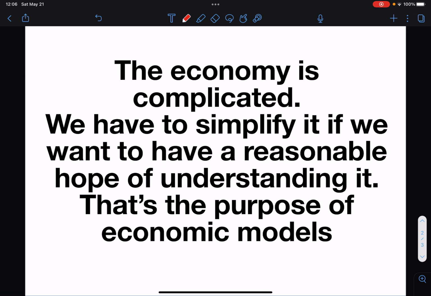I won't fill your brains with a list of all of the different models that you will learn in this class. But just about everything we do in here is focused on those simplifications of the real economy, with the intent of being able to come to some generalizations about how the real economy works so we can understand our world a little more deeply.